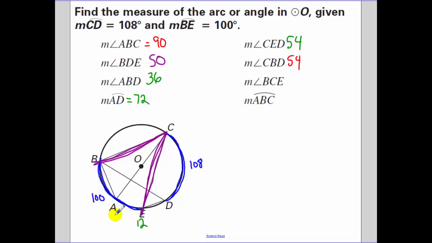So that's half of the measure of that arc, so that's equal to 50. We already found AD. Lastly, we have to find the measure of arc ABC. So arc ABC, since AC is the diameter, the measure of that arc is 180 degrees.